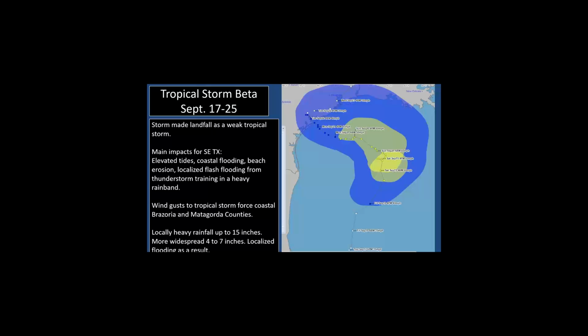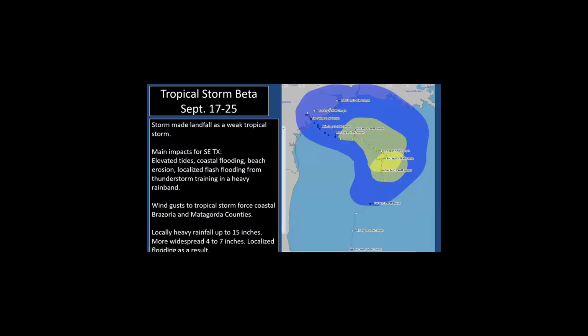The biggest concern is going to be flooding rains, because you have a slow-moving tropical system, and I'll show you the rainfall with this. You don't worry too much about winds because the wind part of the storm is relatively weak, only 30 to 40 miles per hour. And sure enough, we didn't really have much in the way of wind damage. A few of you mentioned storm surge.